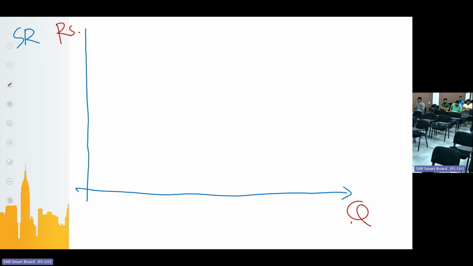Let's draw total variable cost first. TC equals TVC plus TFC. So it starts from 0. When output is 0, total variable cost is 0.